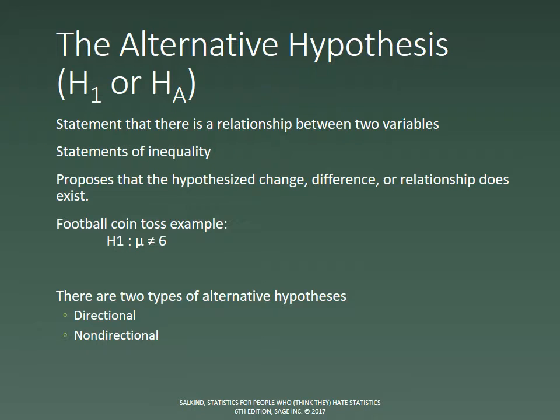Some examples, similar to the null hypothesis, of alternative hypotheses: The average score of 9th graders is different from the average score of 12th graders on the memory test. The effectiveness of community-based long-term care is different from the effectiveness of in-home long-term care in promoting the social activity of older adults.